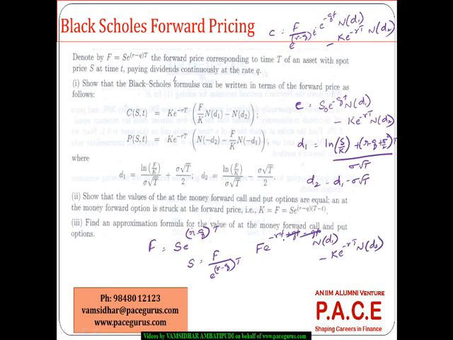So this is working out as F e to the power minus rT N(d1) minus K e to the power minus rT N(d2). Other way of writing is, if I take out K e to the power minus rT altogether, it becomes F by K times N(d1) minus N(d2).